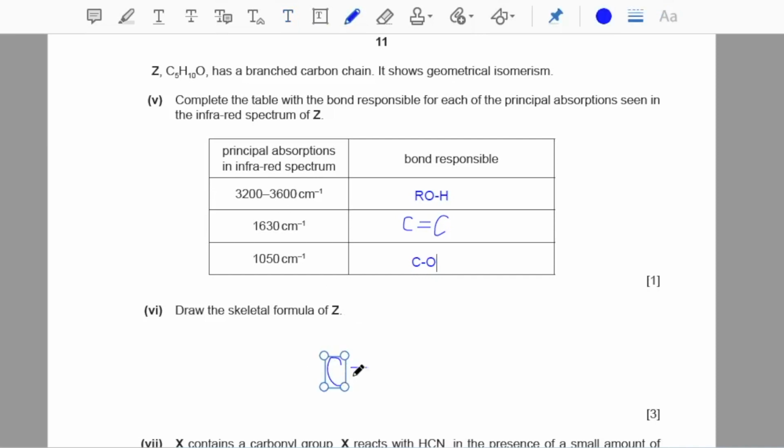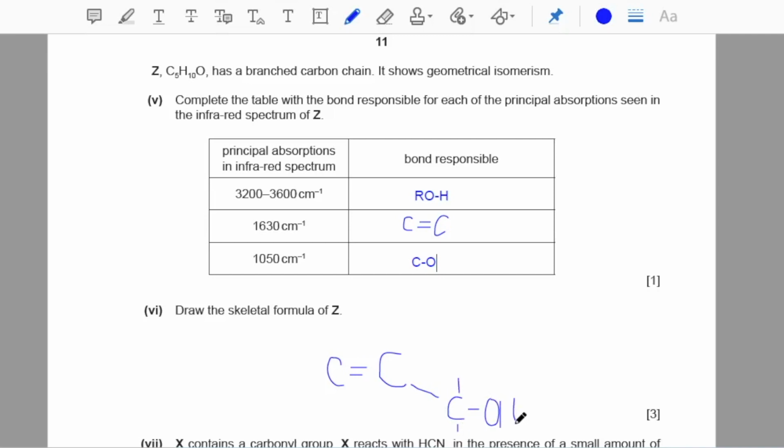It has a branched carbon chain, 5 carbon atoms in total, meaning there are 2 over here. We are left with 3 carbon atoms now, and there is carbon to oxygen to hydrogen present. So I'll put one carbon over here with 2 hydrogens and 1 hydroxyl functional group.